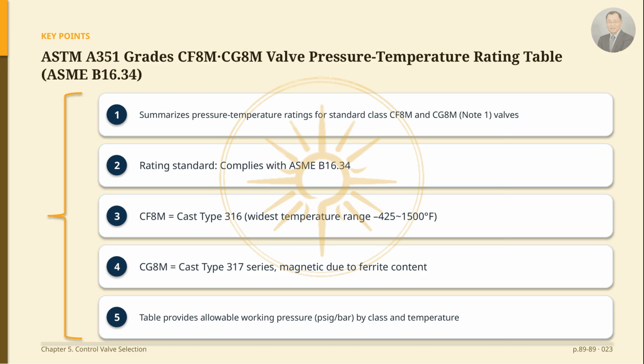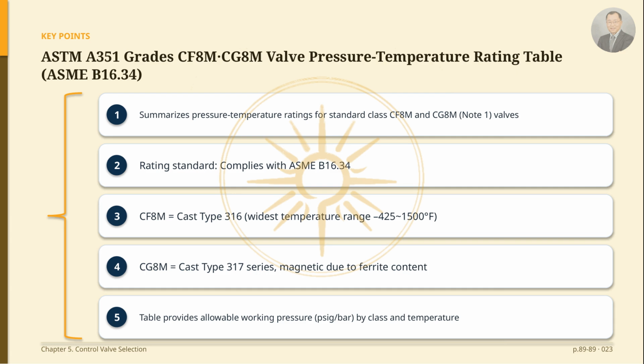Finally, I would like to introduce the pressure temperature ratings table for ASTM A351 grade CF8M and CG8M valves. This table summarizes the ratings for CF8M and CG8M valves belonging to the standard class, specifically the two materials marked as Note 1, and the rating criteria follow the ASME B16.34 standard.